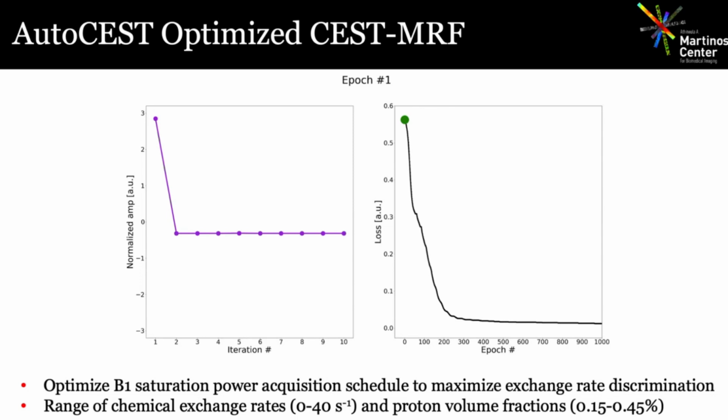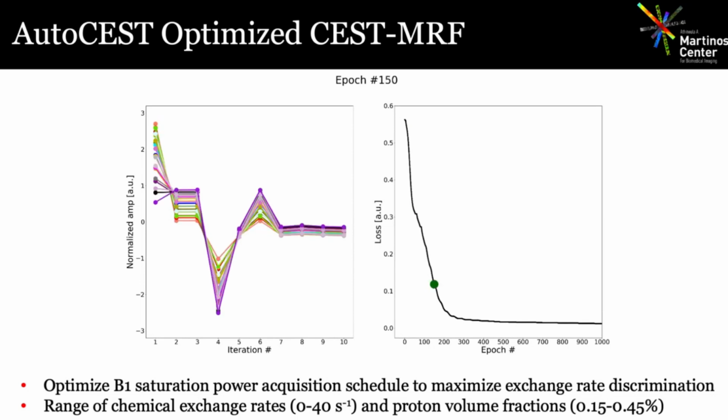Initially you start out with no saturation power, just a short TR, which is why it goes down after that first shot. But now this AutoCEST neural network is trying to optimize. Each one of these traces is a different combination of chemical exchange parameters. It's trying to optimize the difference between these different signal patterns by varying the acquisition schedule. This is just a very trivial example, just to give you an idea of what it's doing.